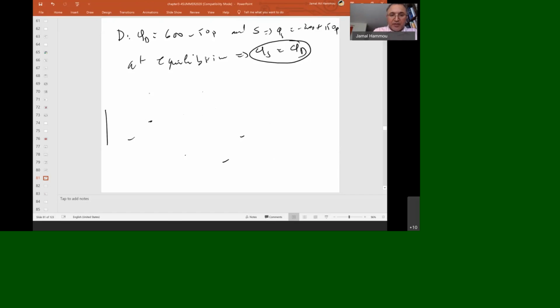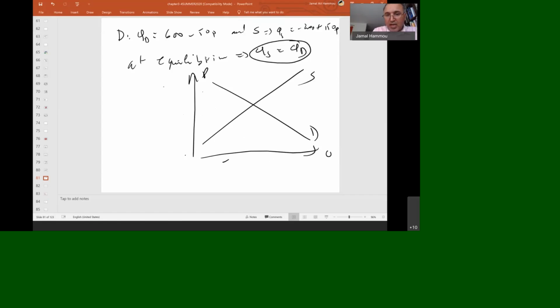So I can build the graph now. I don't have to do a table or anything. On the price and quantity axes, I know the equilibrium is at 4, and the quantity equilibrium is at 400. That's my equilibrium. Okay, so that's easy to find.